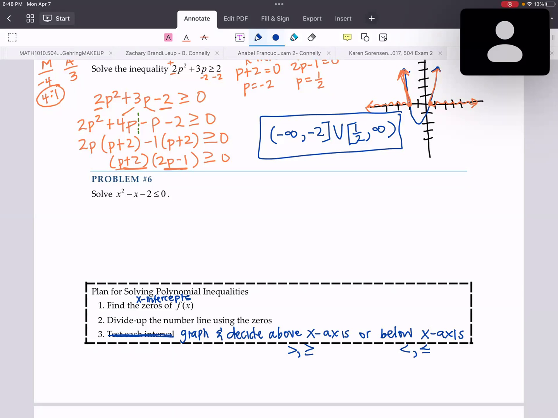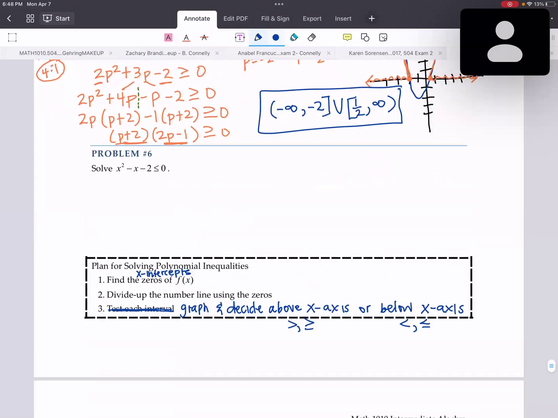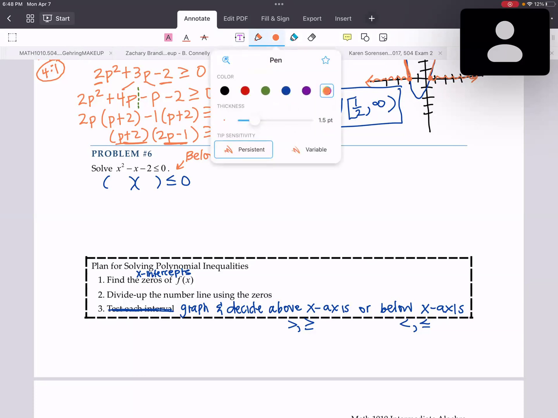All right, let's try this last one, and then I think we'll be done for the evening. Okay, so on this one, this is going to factor again, and we want less than or equal to 0. So on this one, we want the stuff that's going to be below the x-axis. Okay, but let's get this factored.